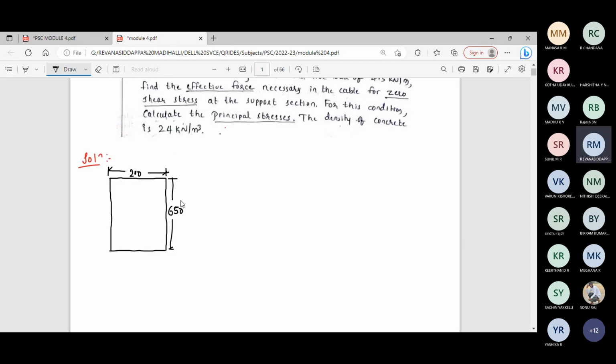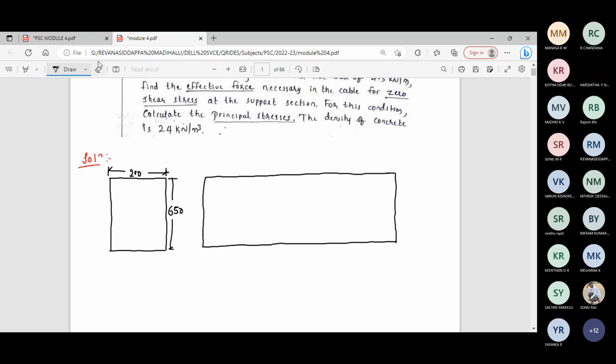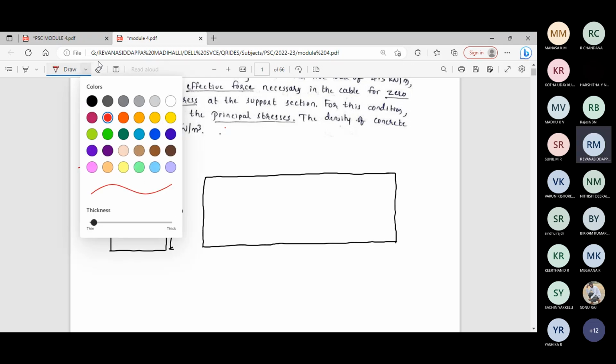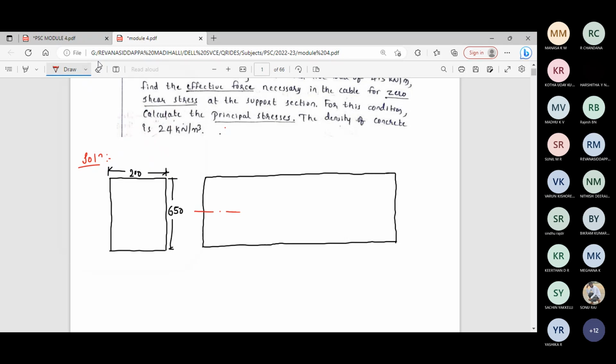And the pre-stressing cable provided in the beam is a parabolic cable with some eccentricity at the midspan and 0 eccentricity at the support. Let me write the diagram for the same. Also draw the central axis.